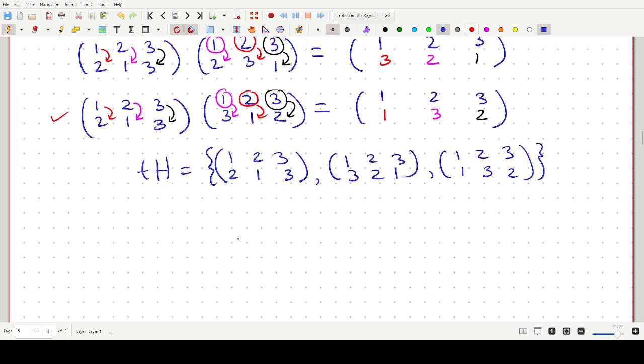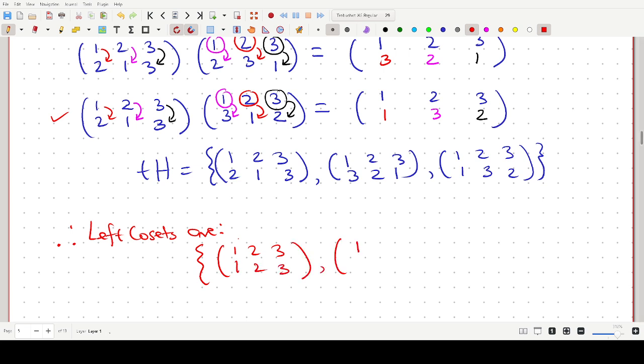And therefore, we can write down our final answer as follows. The left cosets are: this coset, which contains 1, 2, 3, 1, 2, 3; 1, 2, 3, 2, 3, 1; and 1, 2, 3, 3, 1, 2.